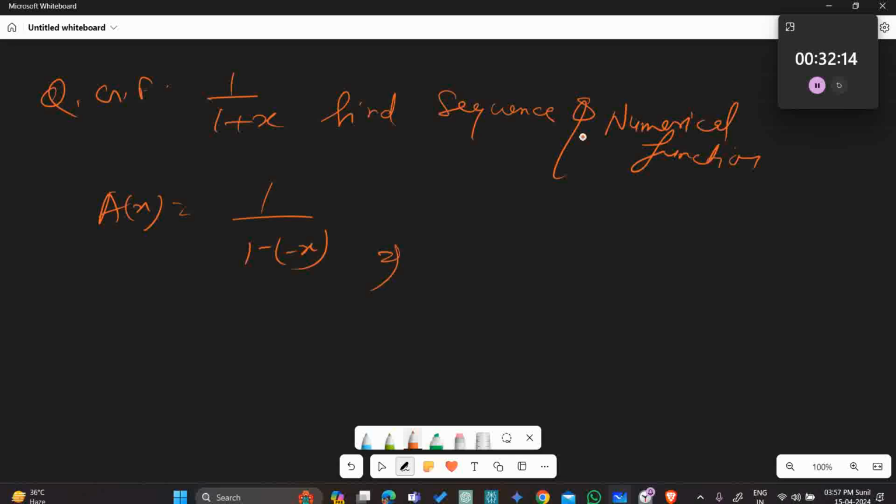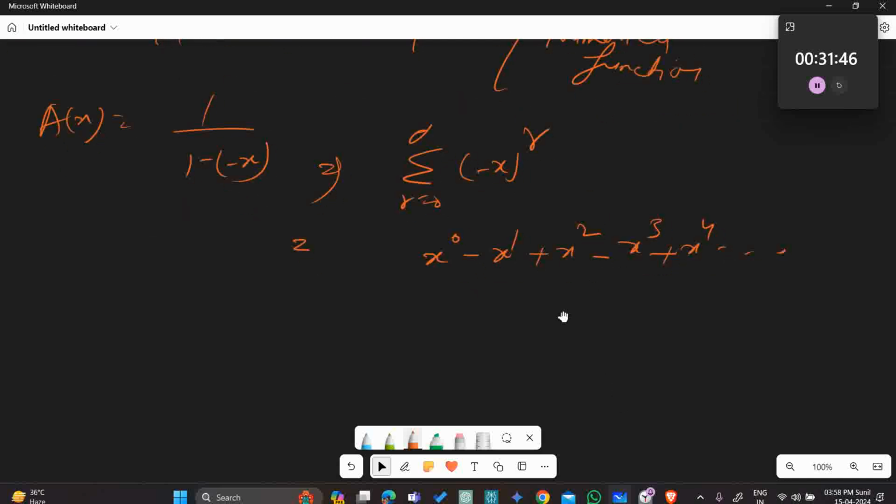So it would be sigma r equals 0 to infinity x to the power r. It would be like x to the power 0 minus x to the power 1 plus x to the power 2 minus x to the power 3 plus x to the power 4 and so on. Right. This would be what then?